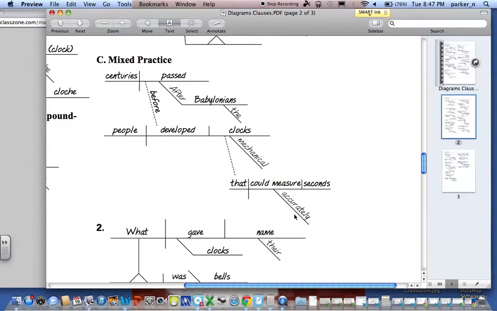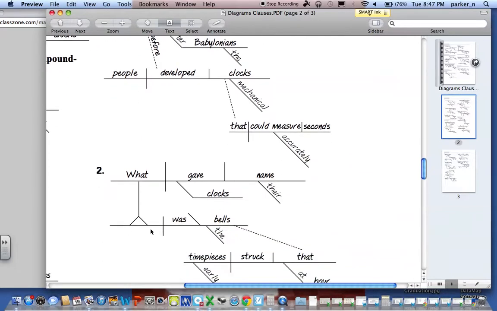How could it measure? It could measure accurately. This goes under clocks because it is an adjective phrase that's describing clocks. So we always want to put things off of the word that they're modifying when they're acting as a modifier.